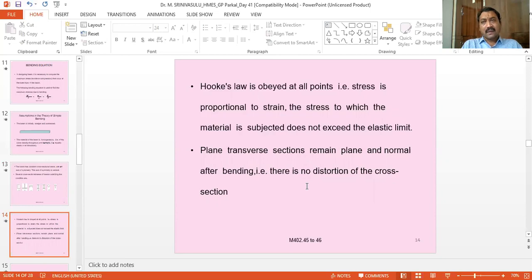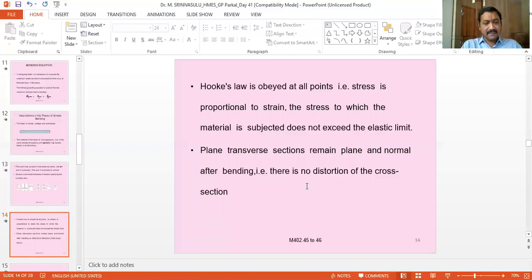That is, at all points the stress developed is proportional to the strain, and the stress developed at any point on the beam should not exceed its elastic limit. So this is the fourth point: it should follow Hooke's law, and the maximum stress developed should be within the elastic limit at any point in the beam.